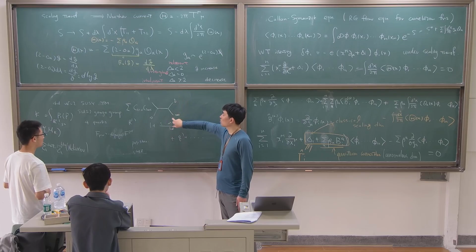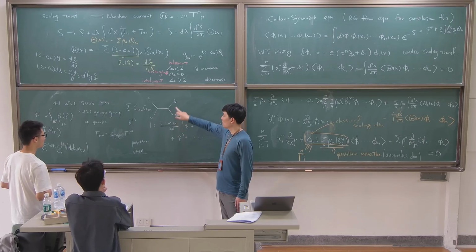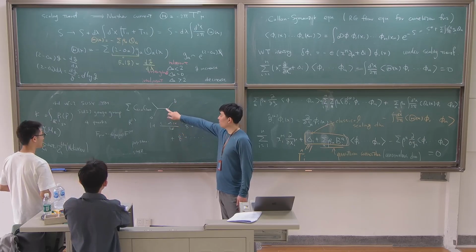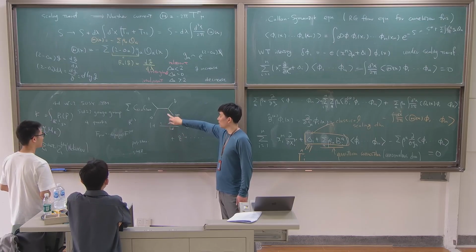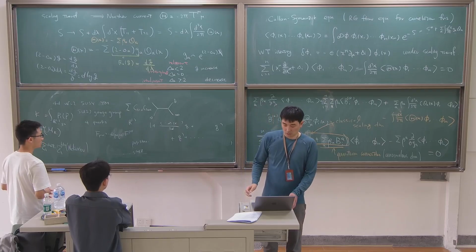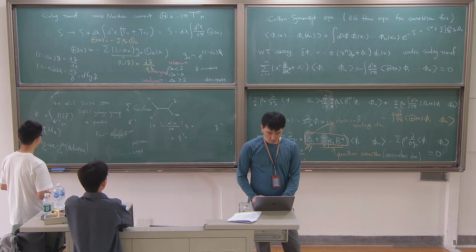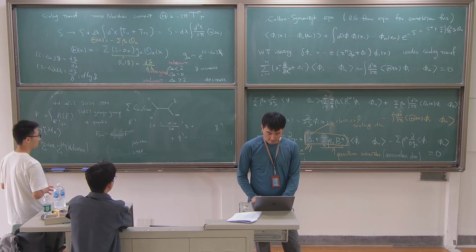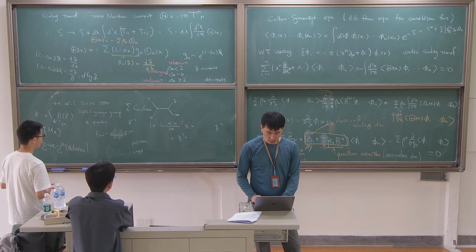If you consider the minimal model, all the conformal dimensions are fixed, because there are only finitely many of them, and rational numbers. But to have the continuous parameter here, it has to be an irrational conformal field theory. I see. So it's just the Liouville momenta.